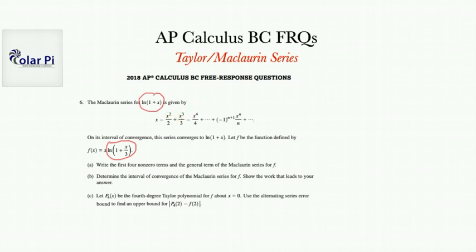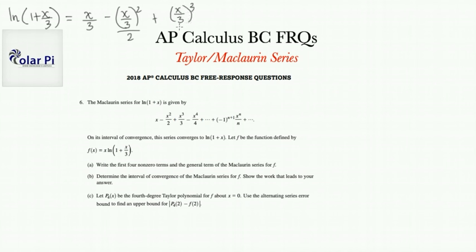So to start, we see that ln of 1 plus x over 3 is going to look like x over 3, and then minus x over 3 squared over 2, and then plus x over 3 cubed over 3, right? Okay, and then minus x over 3 to the fourth over 4.